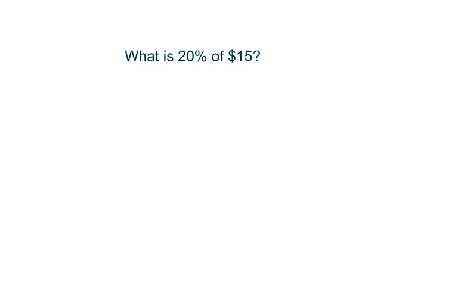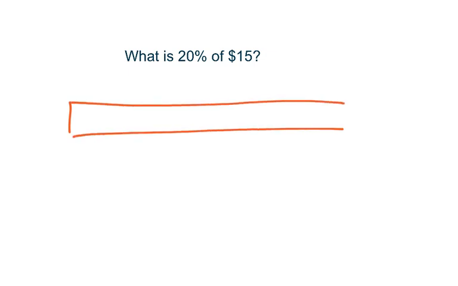20% of 15. So, thinking about our tape diagram or bar model here, cut that into our 10 boxes. We know that the total amount is $15. How much is one box? Well, thinking carefully, if we move the decimal over one spot to divide by 10, that tells us that each box is 1.5.